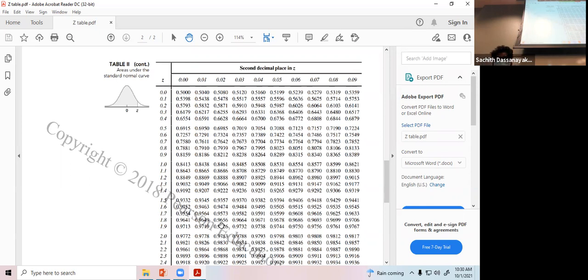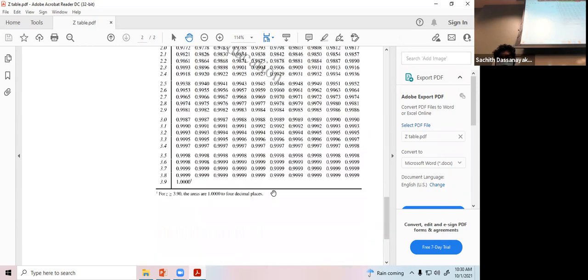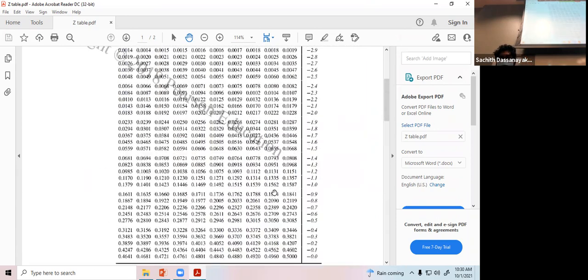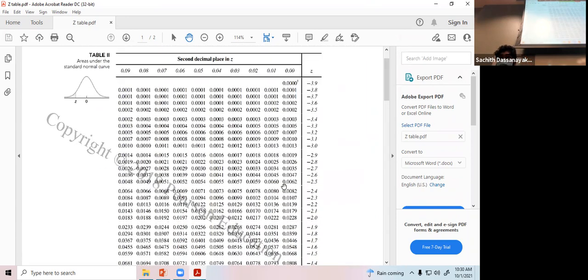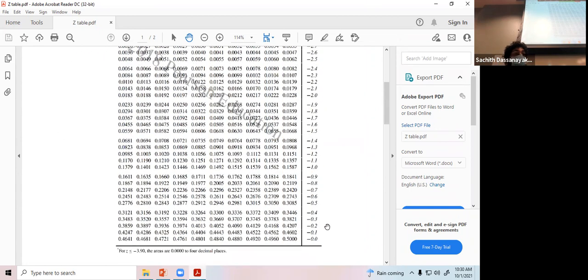Okay, so let's find the other one. What is the other value? Negative 0.68, right? Negative means not this table, the other table, the upper one. Negative 0 point values are down below here.